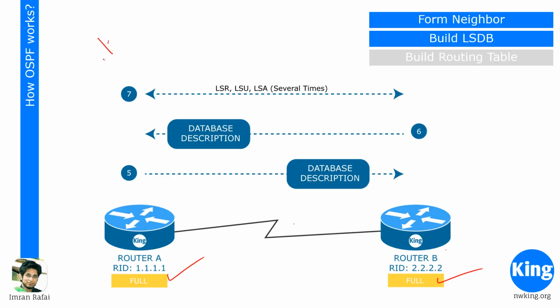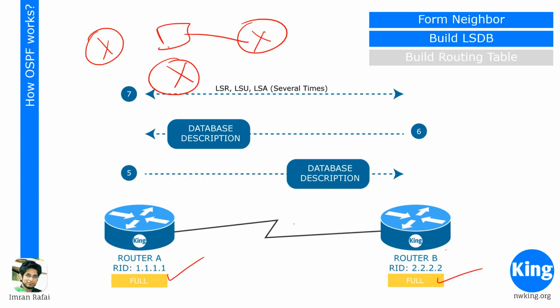Let's say in a shared medium, how does DR election happen? First thing they look at is the OSPF priority, and second is the router ID.